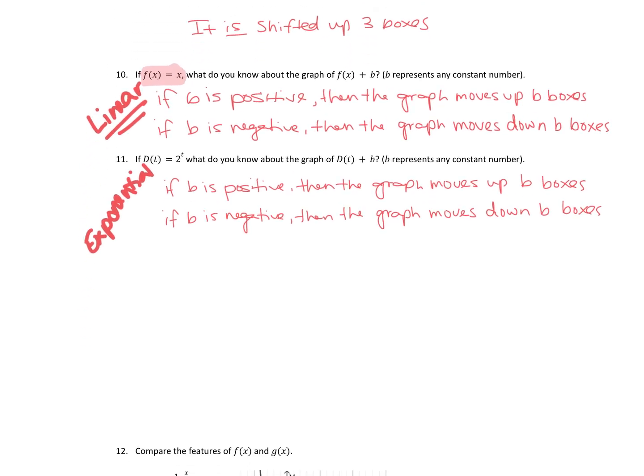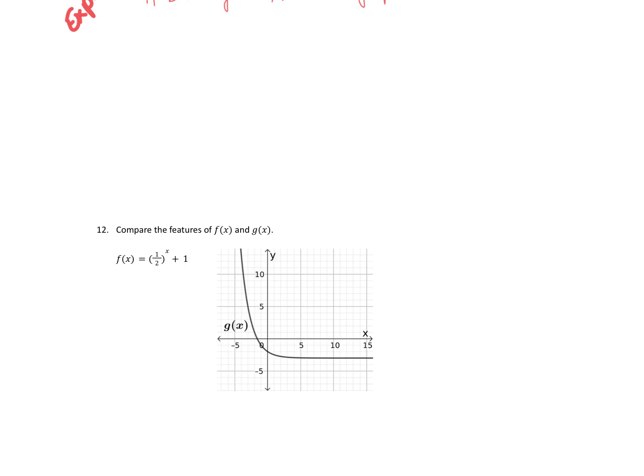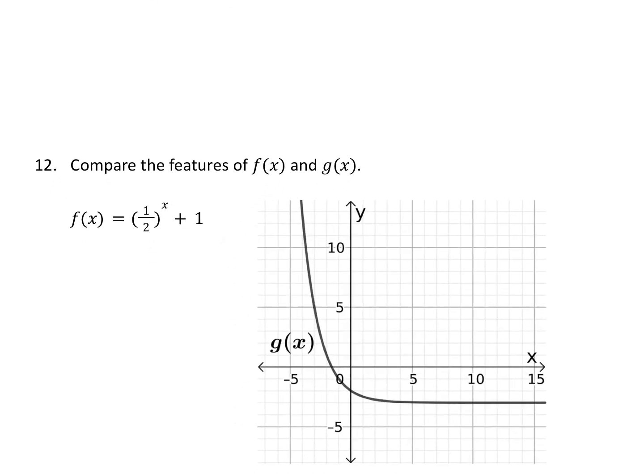So they give us a graph. It says compare the features of f of x and g of x. So f of x looks like it's 1/2 to the x power plus 1. So it looks like it has a shift of up 1 box from this original. So this was the original curve, right?